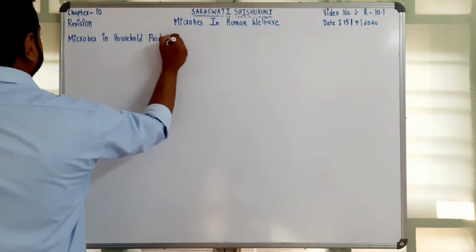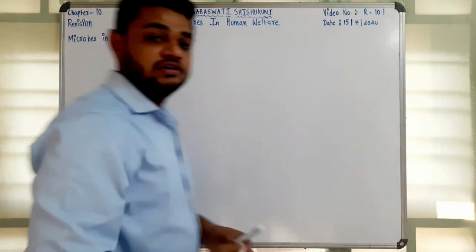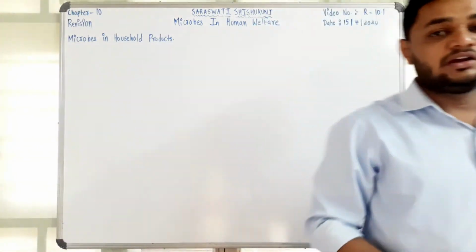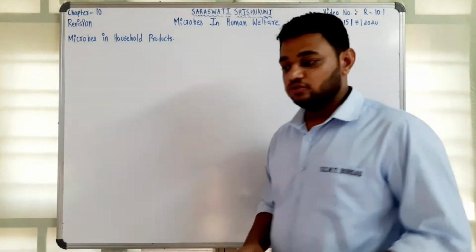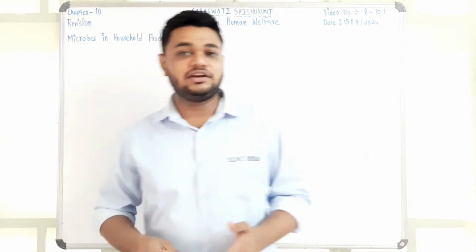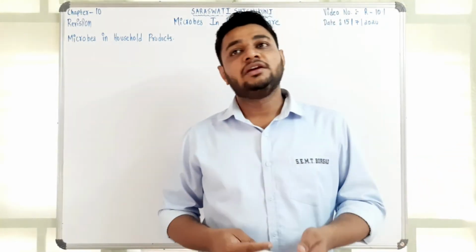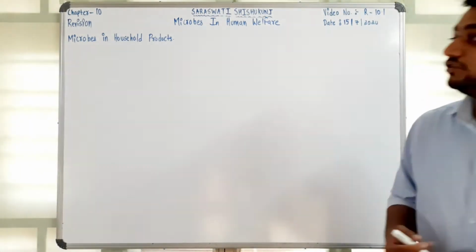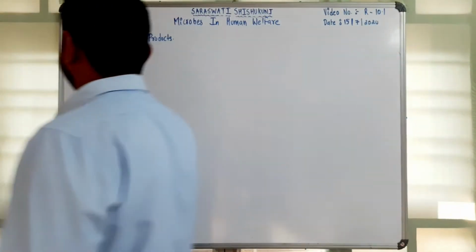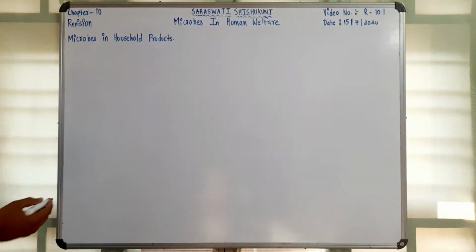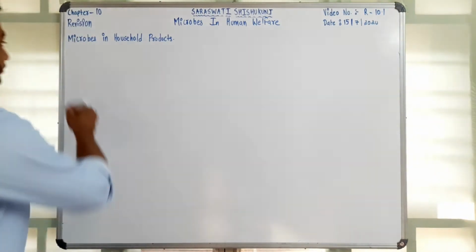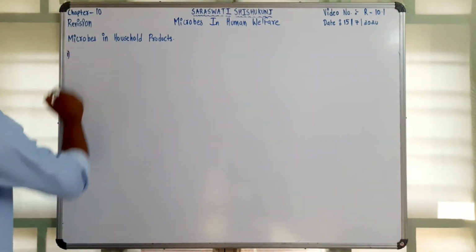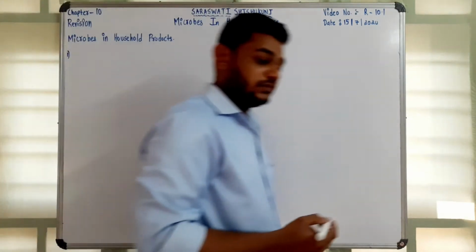This chapter explains the importance of microbes in our human life, right? We have studied that microbes generally cause harm, but there are many microbes which are beneficial to us. Talking about the first one, how it is helpful in our household products: first is the formation of curd, right?